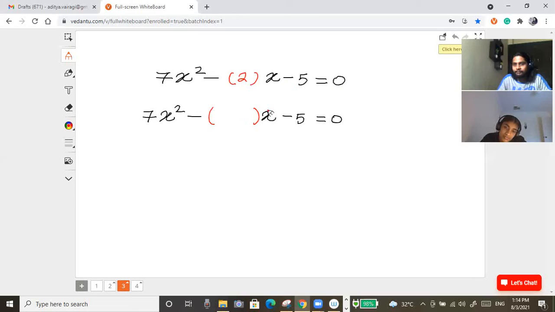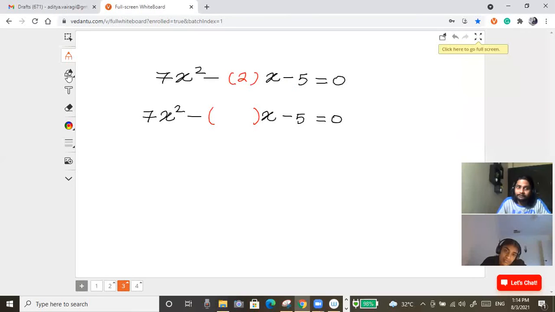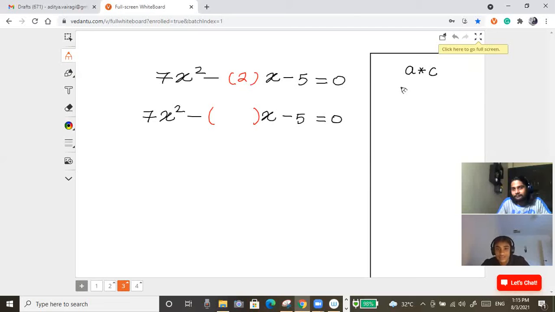So what to do? Do you remember? To just figure out the sign in the middle, we multiply A and C. Can you tell the value of A here? 7. What about C? Negative 5. Correct.